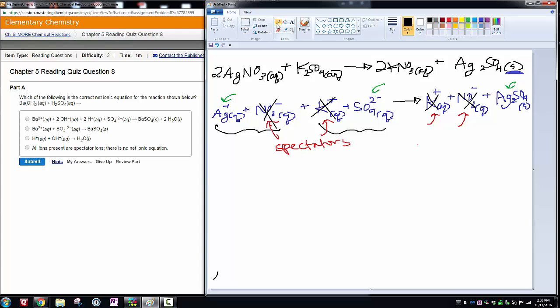So what we've got, barium hydroxide plus sulfuric acid goes to form what? Okay, outsides, barium with the sulfate. Barium is +2, sulfate is -2, so I just need one of each.